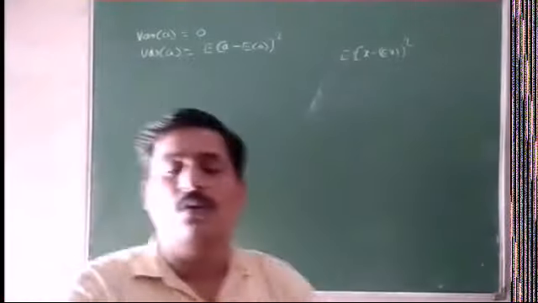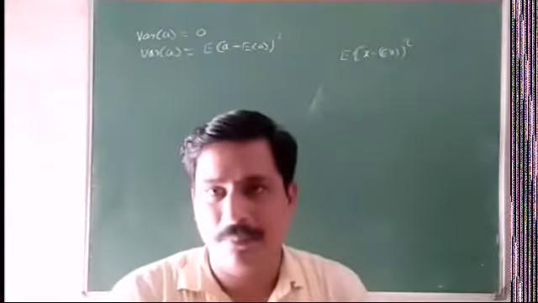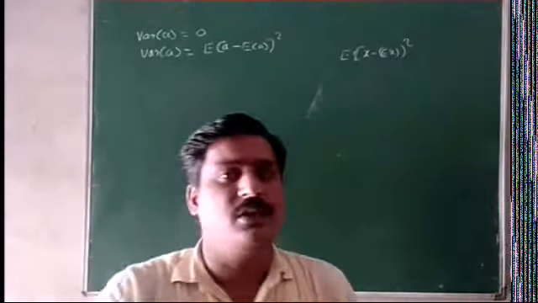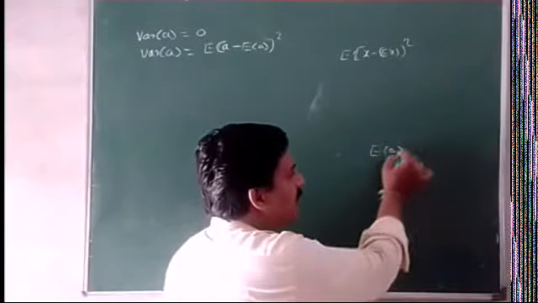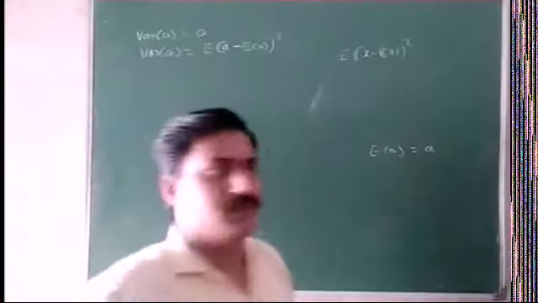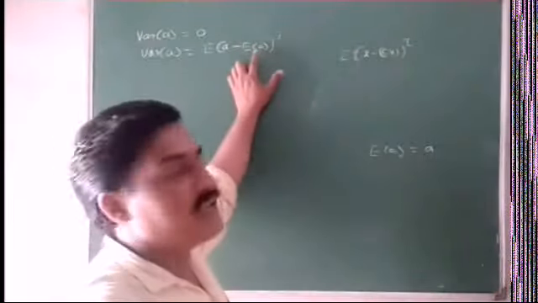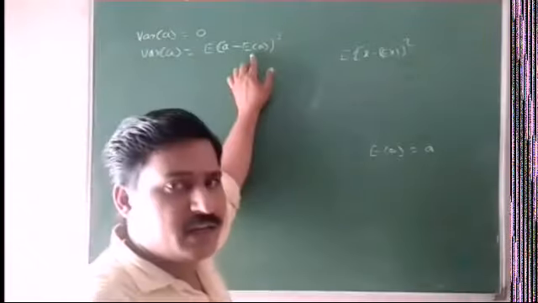Again, now open the bracket. So when we open the bracket, what would we get here? Expectation of A, E of A, already we learned that E of A is equal to A itself. So E of A means what we get here finally? A itself.